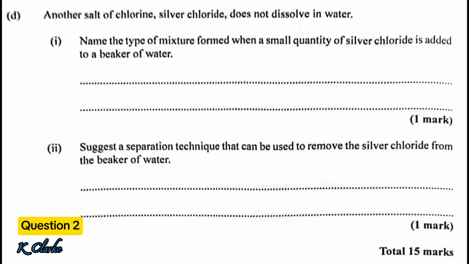D. Another salt of chlorine, silver chloride, does not dissolve in water. I. Name the type of mixture formed when a small quantity of silver chloride is added to a beaker of water. This mixture will have more than 1 layer, therefore it is a heterogeneous mixture.